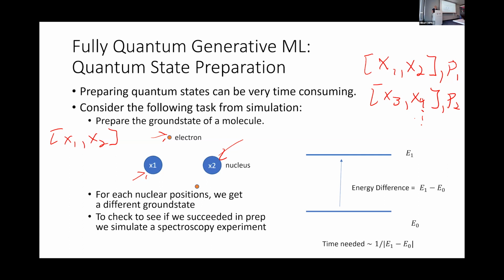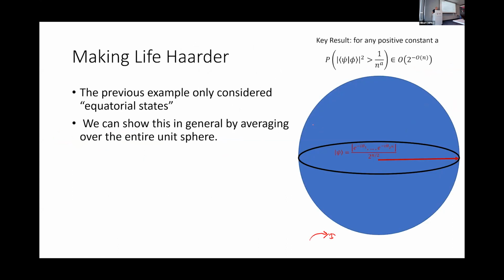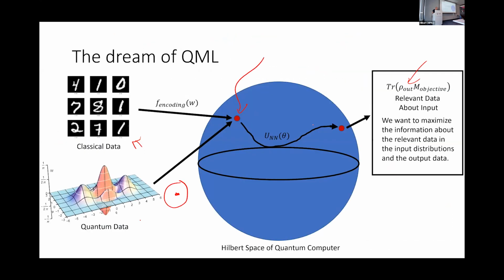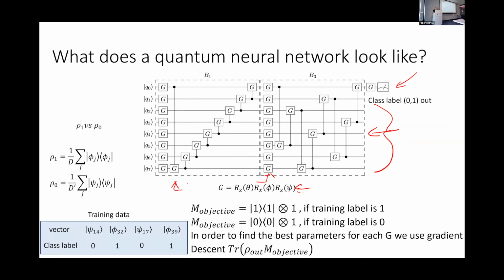The way our network works is we first build an ordinary neural network over here that will take in these vectors of positions, and then output a representation of theta up here. Theta, if you recall, was the parameters for these rotations in the quantum circuit over here.